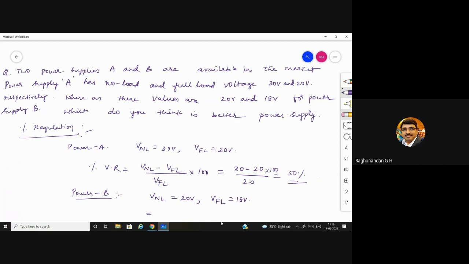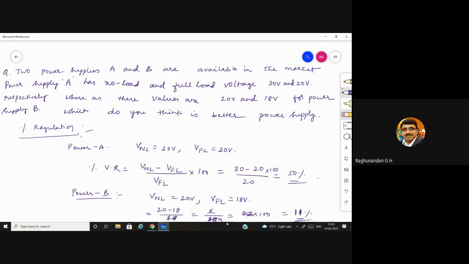Using the same formula, 20 minus 18 divided by 18, that is 2 by 18, which is about 0.11, into 100. So you get 11%.